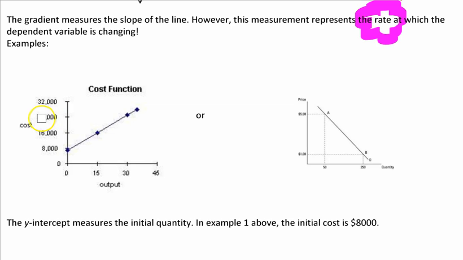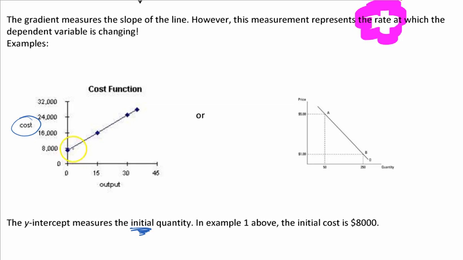What is being measured here in the real world, in this situation, is cost. So the y-intercept is the initial cost of producing something. So we can see it's almost $8,000. That means it's going to cost $8,000 to get all set up to be able to start production.